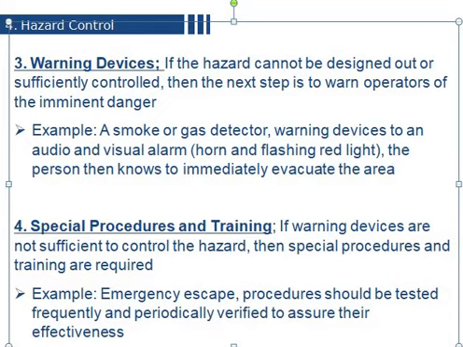Now, if the warning devices are not enough to control the hazard, then there should be some training and special procedures to follow. For example, usually in any workplace, some safety drills are done on a regular basis.